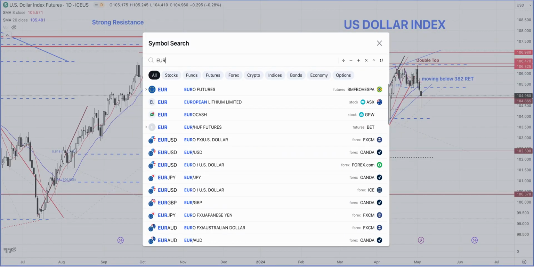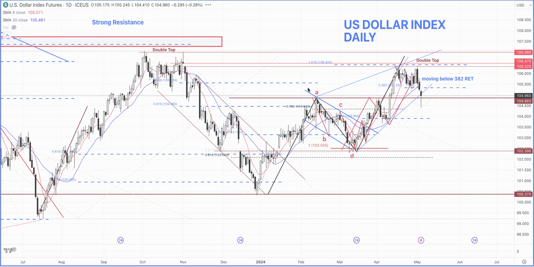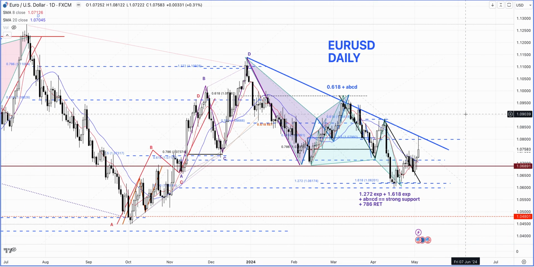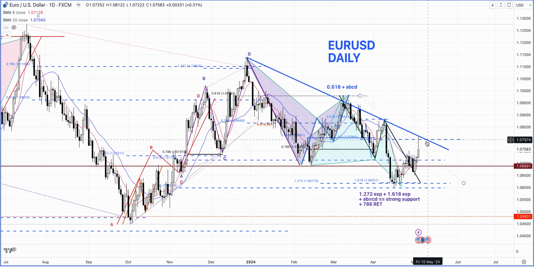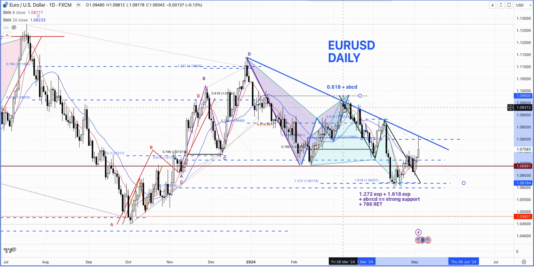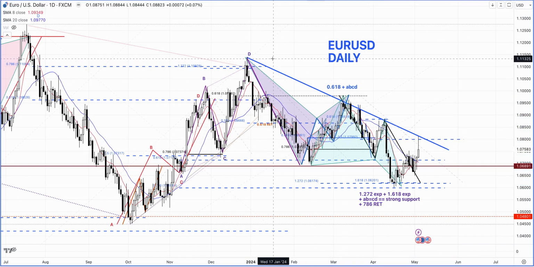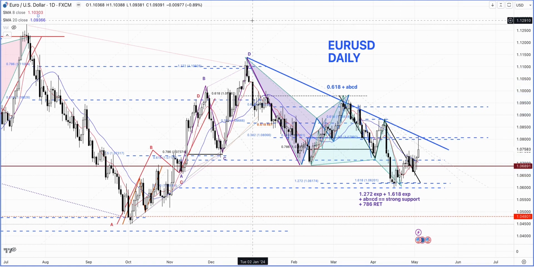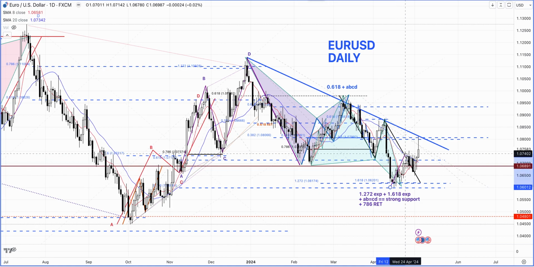Now let's take a look at the Euro USD because the dollar index is about 50% of the Euro currency, and here clearly on the daily chart we can see a prominent downtrend line, and last Friday when the market rallied, it went right into it, right at the key retracement level as well, which is 50% of this move, and it might actually be the 38.2% retracement of this entire decline. There we go.